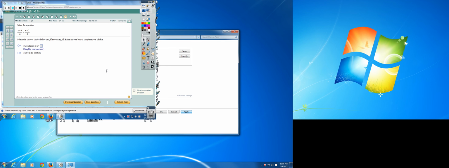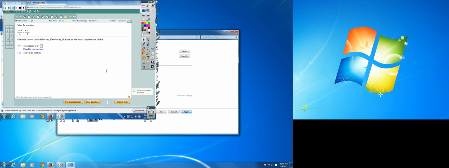You can solve this by multiplying through by 24, or you can, 12, or you can cross multiply and solve. However you want to do it. Give you all a chance to do it.